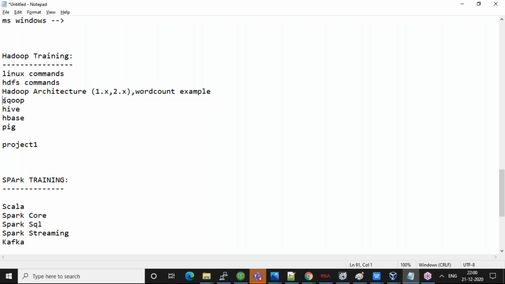But 1.x and 2.x architecture are a must, and 3.x architecture. In 3.x architecture we have Spark, but the word count example is just for understanding. Nowadays no one is asking questions in MapReduce. If they ask about Hadoop, they will ask about Hadoop architecture 1.x and 2.x.